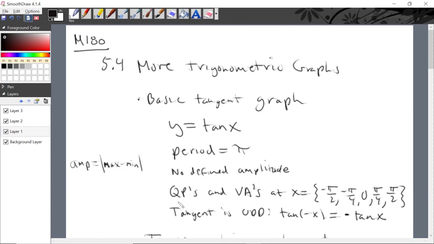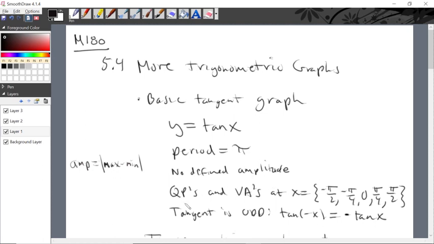Okay, so this changes a couple of things from our study of the sine and the cosine waves. First off, the amplitude is not defined simply for the tangent graph, and this will also be true for the other three trigonometric functions, the cotangent, the cosecant, and the secant. They all have vertical asymptotes, and so none of them would have a defined amplitude.